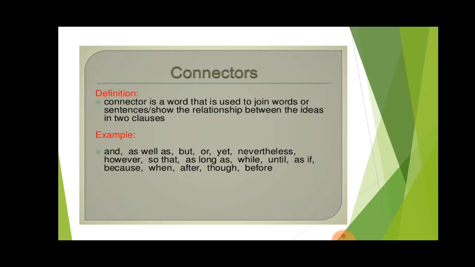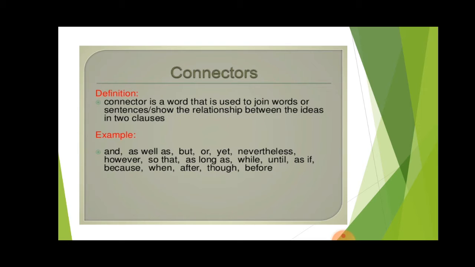So, there are some examples of connectors on your screen: as well as, but, or, yet, nevertheless, however, so that, as long as, while, until, as if, because, when, after, though, before.